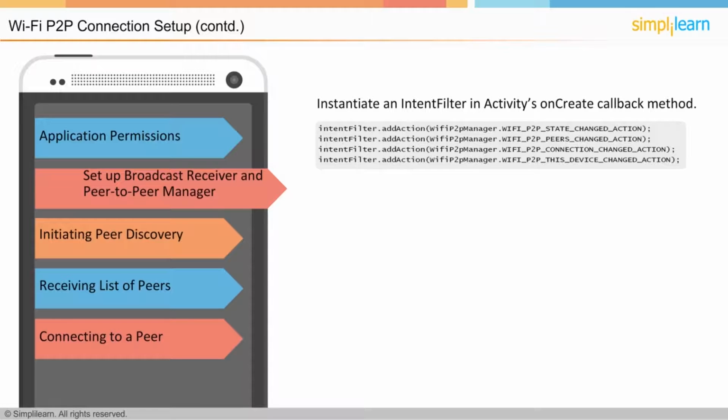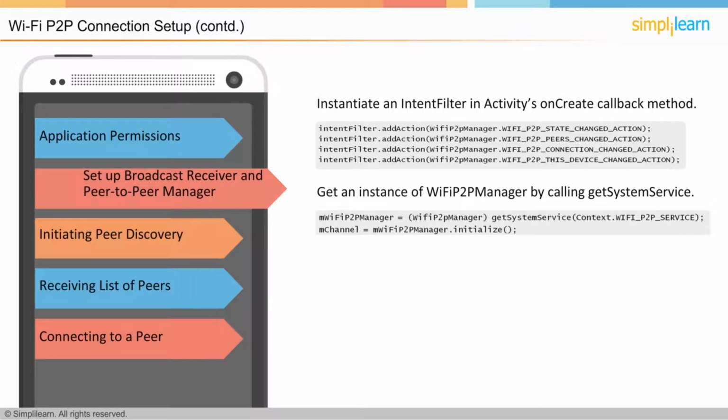WIFI_P2P_PEERS_CHANGED_ACTION indicates that the available peer list has changed. WIFI_P2P_CONNECTION_CHANGED_ACTION indicates the state of Wi-Fi P2P connectivity has changed. WIFI_P2P_THIS_DEVICE_CHANGED_ACTION indicates this device's configuration details have changed.